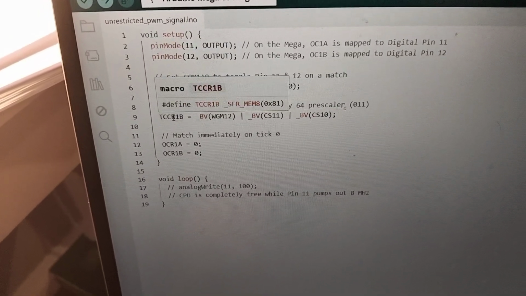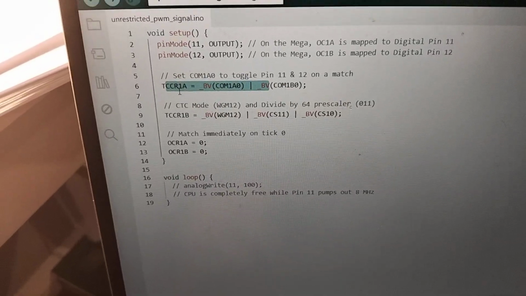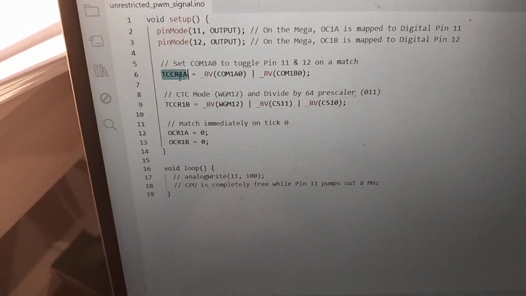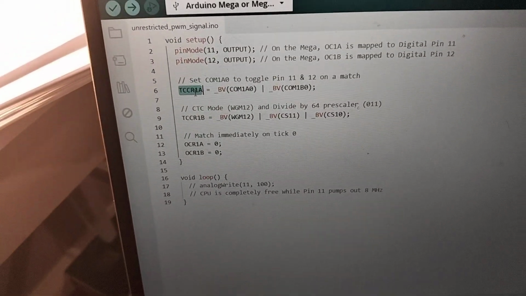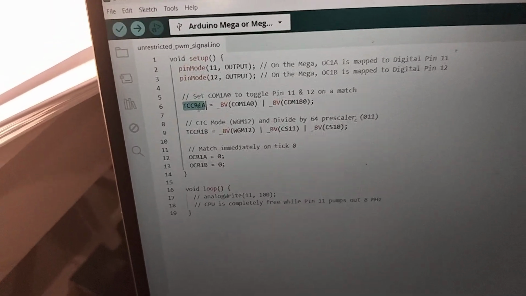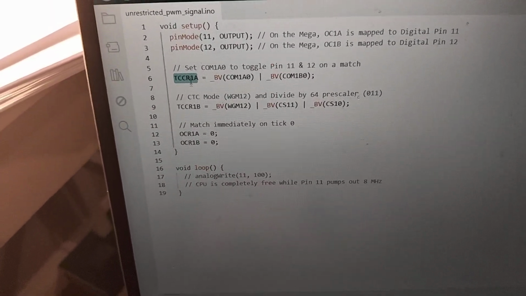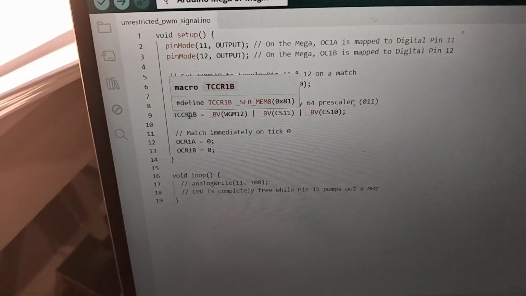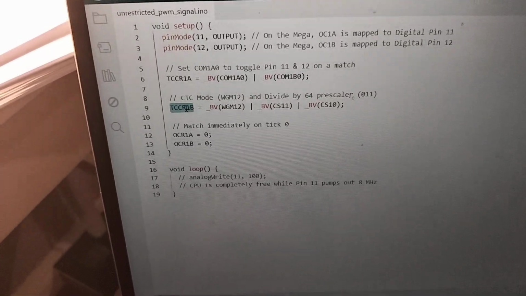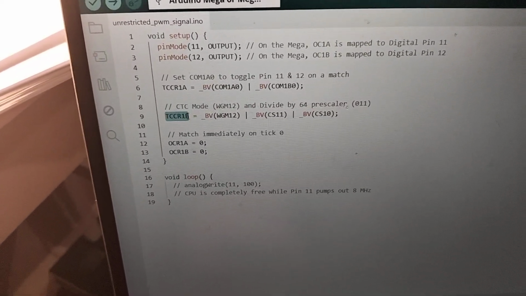These two instructions, this is a timer register. It's a register that sets the properties of timer 1, I believe. And this is also another register that sets the properties of timer 1. But the bits in this register do different things.